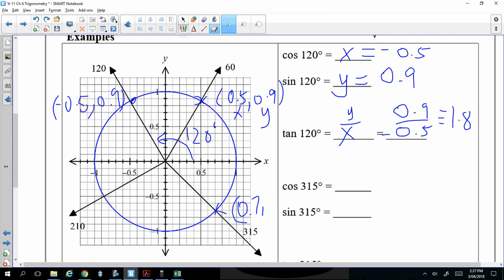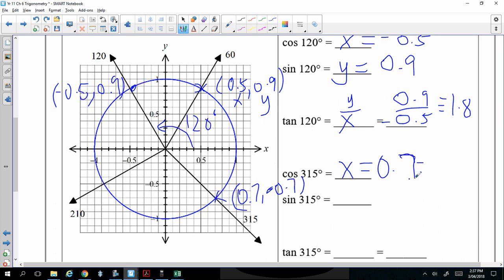What's sine again? Y. What's Y? Negative 0.7. And how about tan? Y over X, which is negative 0.7 over 0.7, you get negative 1. Okay? You can check on a calculator.